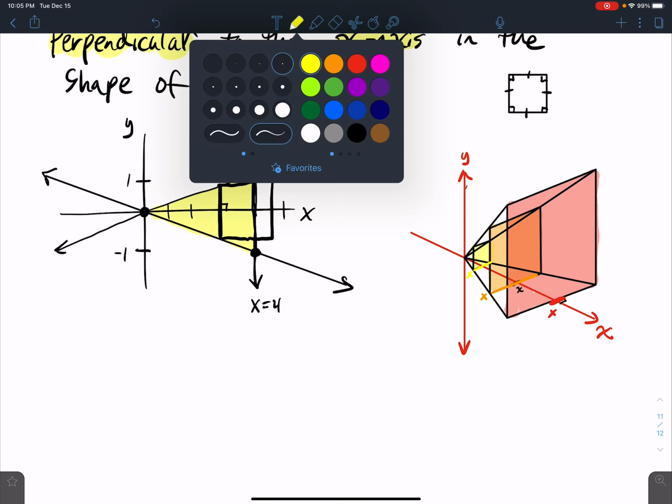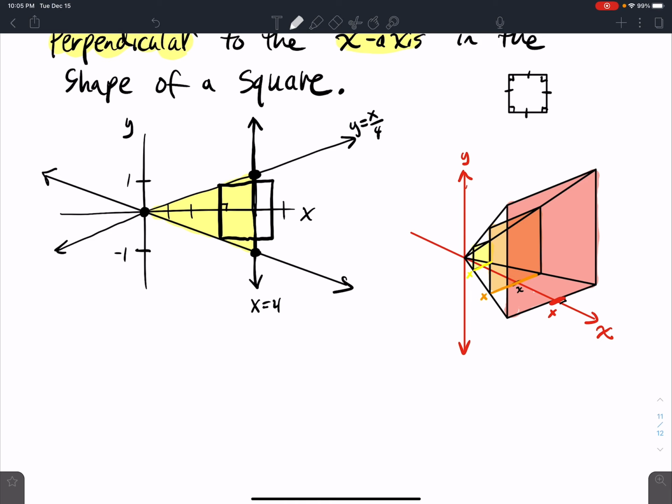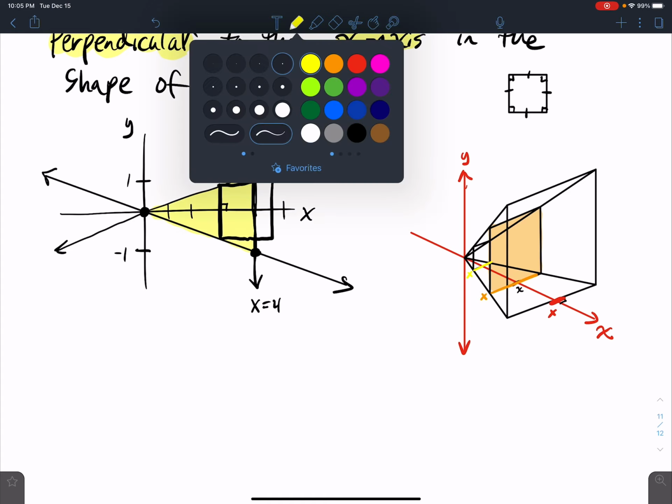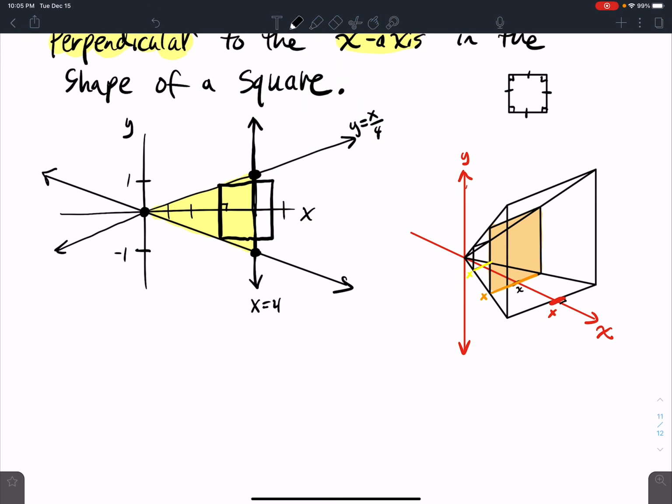All right, what you're doing here is you've got all these little squares inside here, and they've got this width, this delta x, this change in x, and you're summing up all those squares from x equal to 0 all the way out to x equal to 4, because that's where we stop.